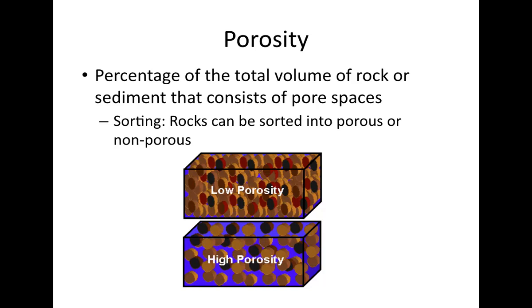And this would be high porosity because you see a lot more spaces. That's the difference. So rocks can be sorted either into porous or non-porous. If they're porous, they are going to have a lot of space. And if they are non-porous, there's not going to be much space, if any at all.